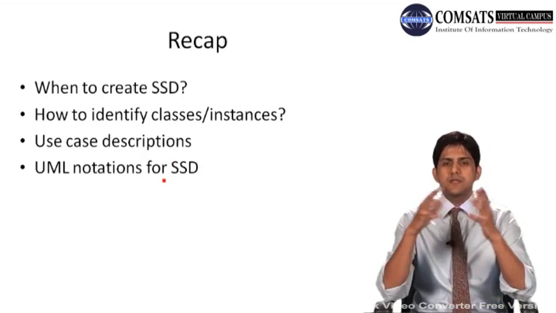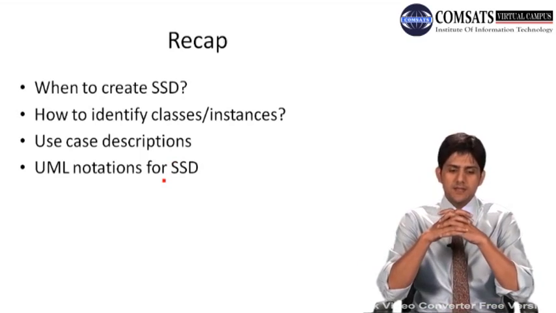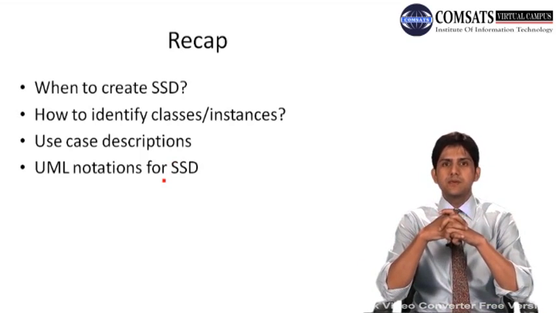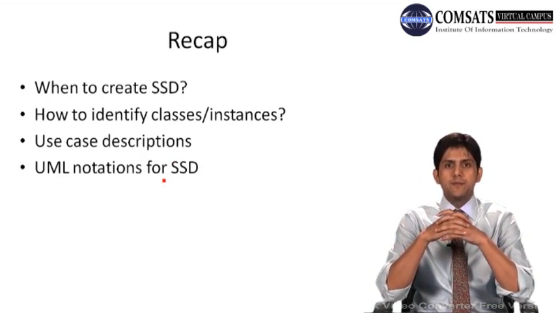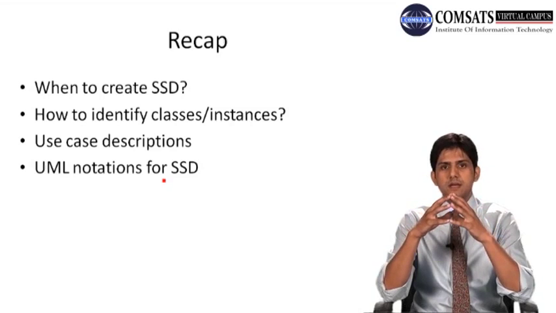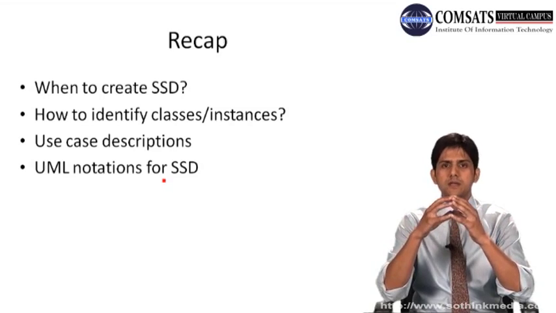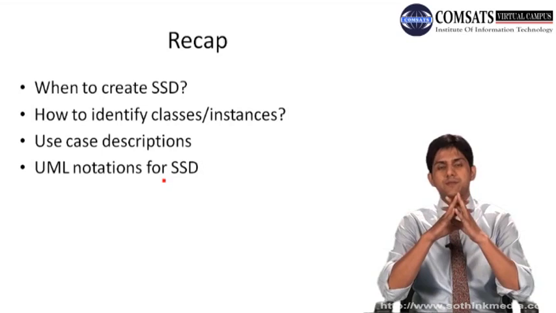So one very interesting question which I thought we should discuss is, when do we need to create system sequence diagrams? If you remember, we discussed that normally the first thing that you create, as a requirement engineer or as a software engineer going to gather requirements, is maybe the use case diagrams.